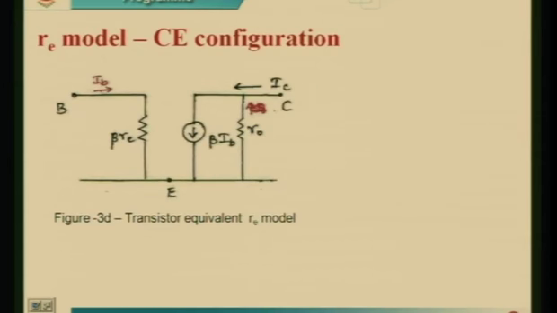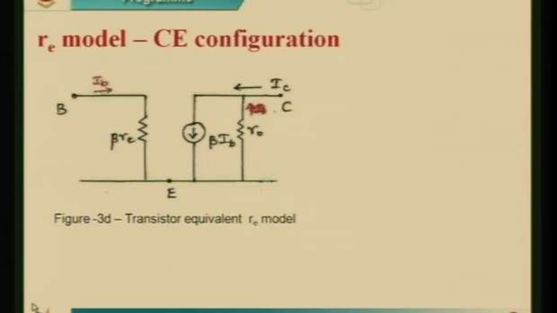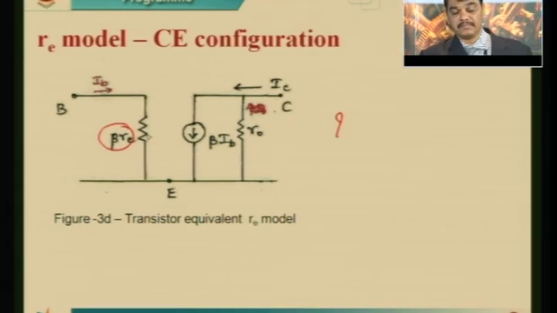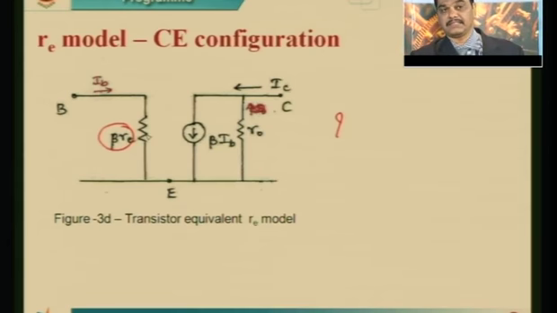Here, figure 3c is replaced, meaning beta times RE. The question is why you have to replace it, because in a common base configuration you simply say RE, but here that resistance is to be replaced with beta times RE. Can you guess why?